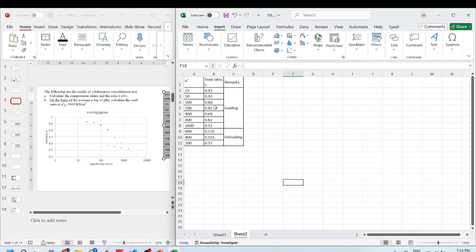Now what we can do is, let's calculate it like this.